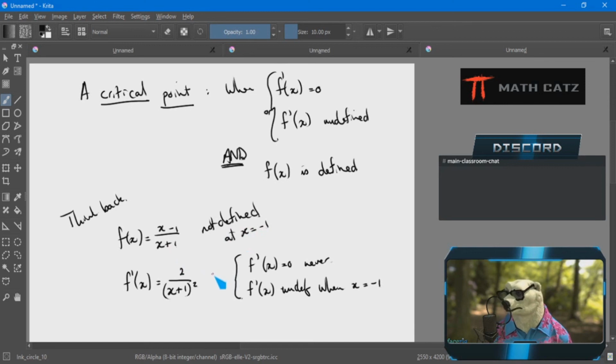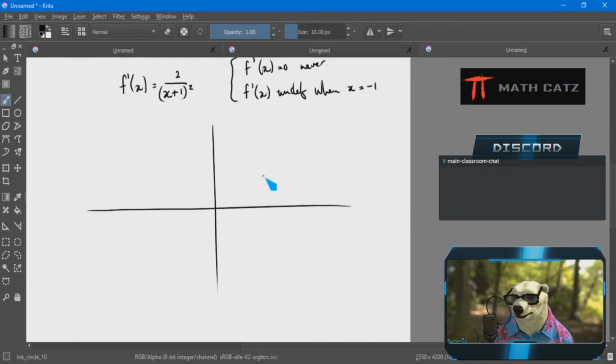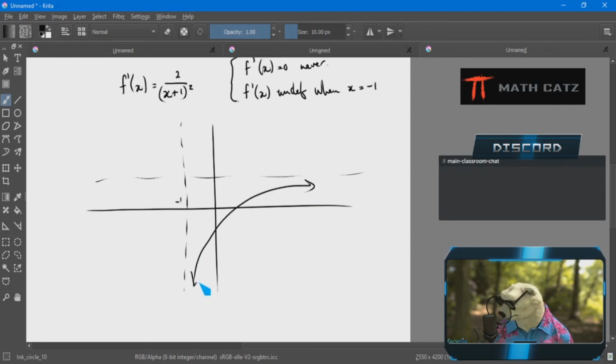It was a vertical asymptote, right? Let me quickly graph this. We had a vertical asymptote at -1. Horizontal one doesn't actually matter right now. We had a fundamental problem at -1. It jumps over. There is no point at x equal to -1.